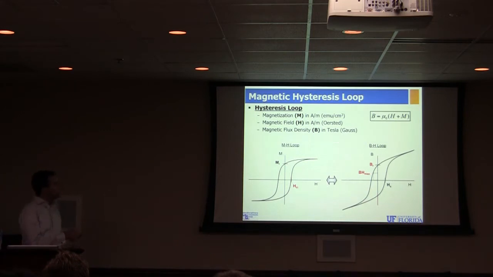The other curve is used more by engineers, the BH loop, and it looks fairly similar. I won't get into the details, but there's the remnant. This is the one you probably see on the website when you go order a magnet. When you buy a magnet, they call it a 1 Tesla magnet or a 1.2 Tesla magnet. That's what they're talking about. And then another figure of merit, if you just want to track one number for goodness, what I was alluding to before, is something called the maximum energy product.